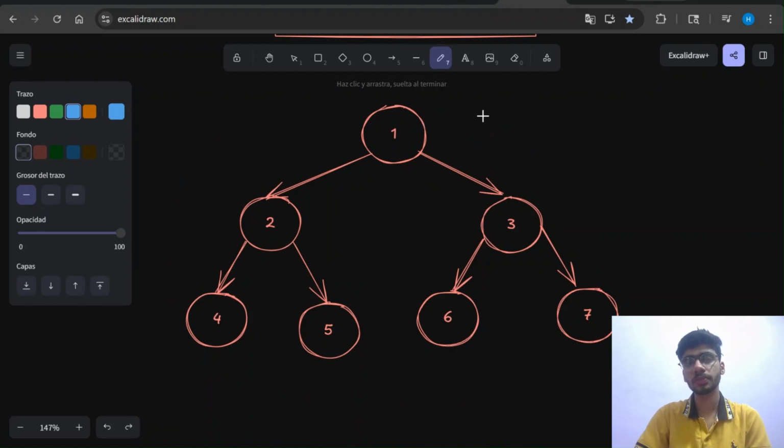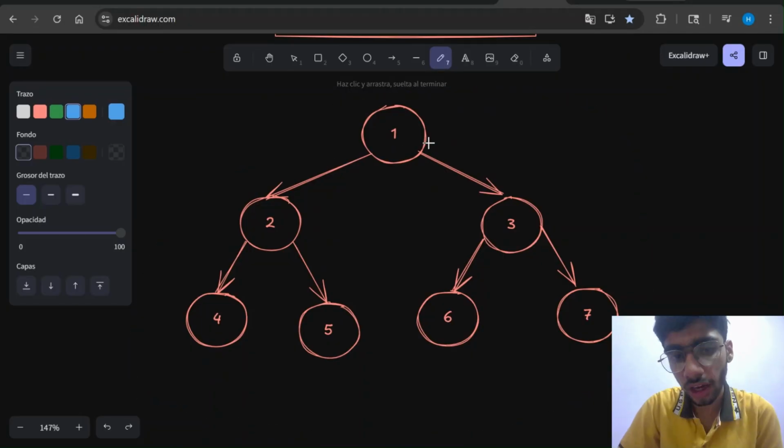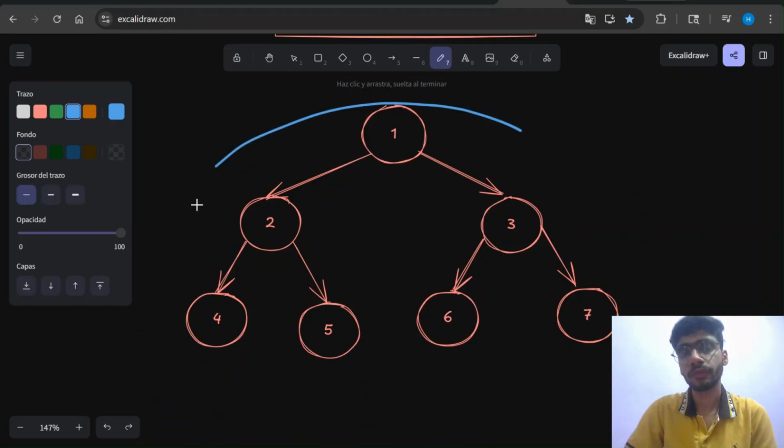Here 1 is the parent, and 2 and 3 are children of 1. Similarly, 2 is the parent of 4 and 5, so 4 and 5 are children of 2. 3 is the parent, and 6 and 7 are children of 3. So this is our tree data structure where data is stored in a hierarchical form.